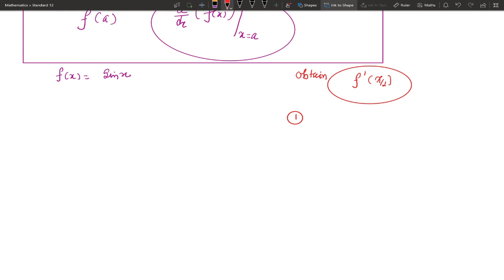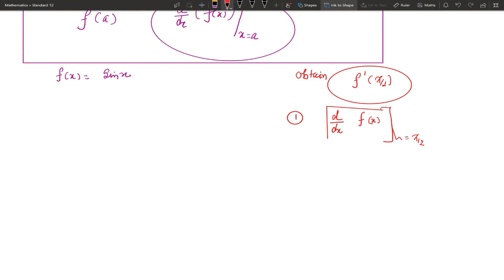This is d by dx of f of x at x equal to pi by 2.